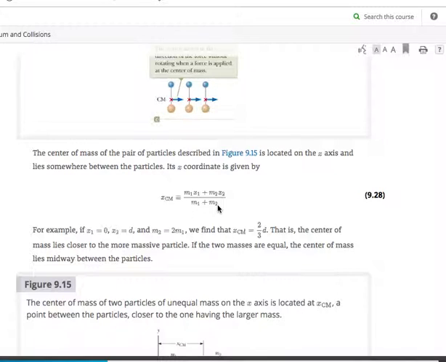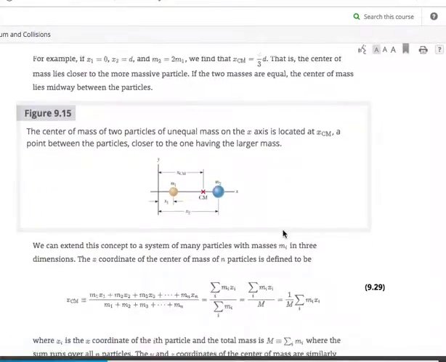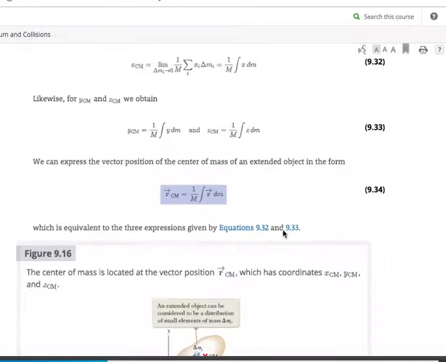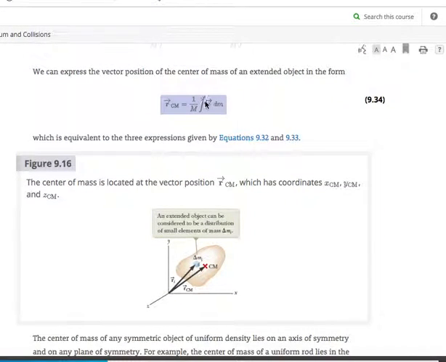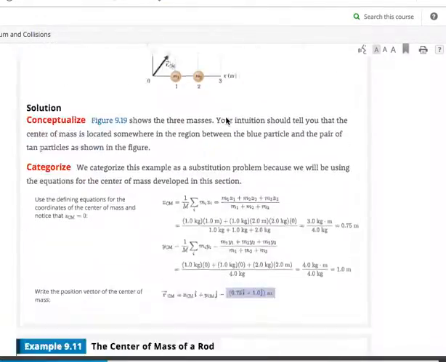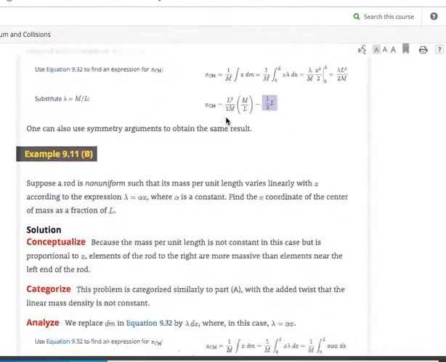The integral form of center of mass, which is not on your formula sheet, is that x center of mass is integral of x dm divided by the integral of dm. Let's see if it's on here. Yeah, so they've got integral of r dm divided by the total mass, which I would say integral of x dm divided by the integral of dm. We did a fair number of those at the time.